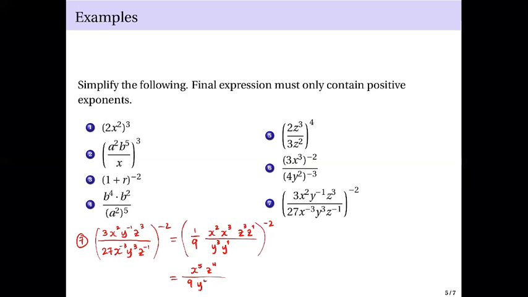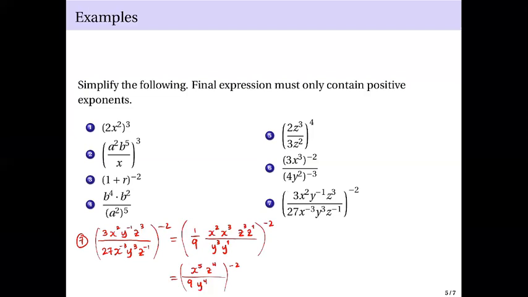That becomes y to the 4. And you might be asking, what happened to the 1? Well, this 1 in the numerator, if you multiply it with any number, you'll just get the number. So we don't have to put the 1 in here. And then this is everything being raised to negative 2.